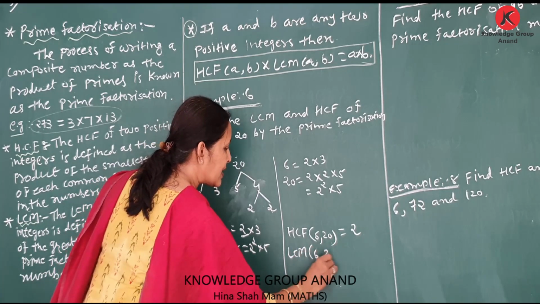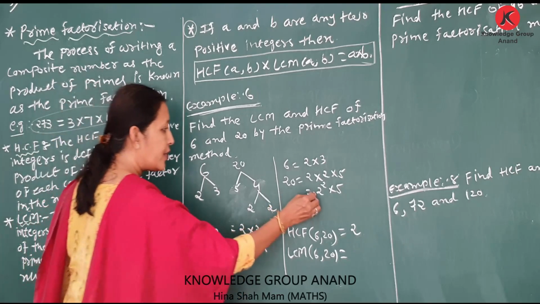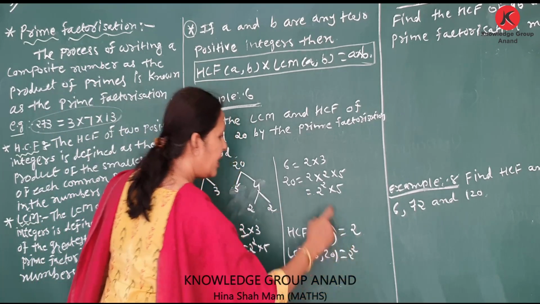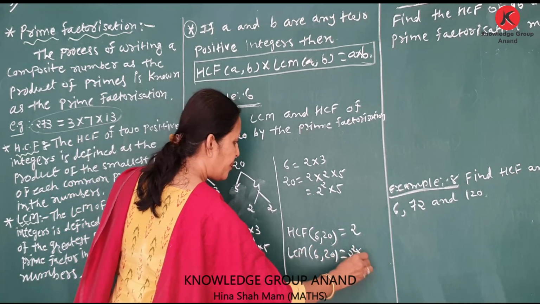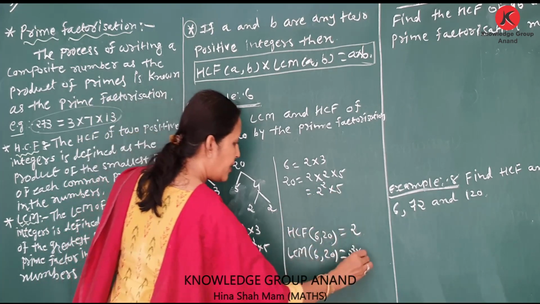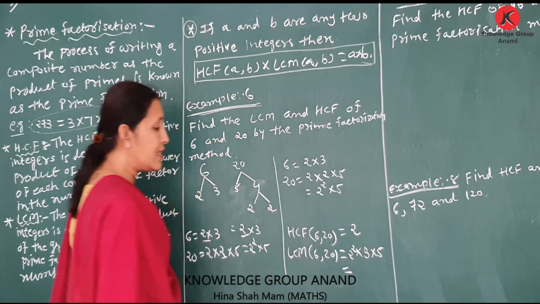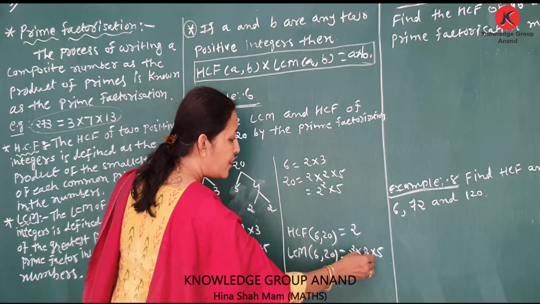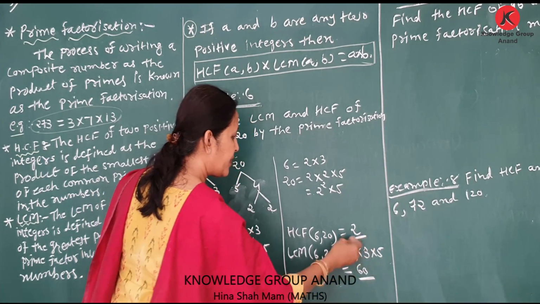LCM of 6 and 20 is equal to, we write the greatest power, 2 square, involving 2, 2 square into the other numbers 3 into 5, is equal to 4, 4 3s are 12, 12 5s are 16.